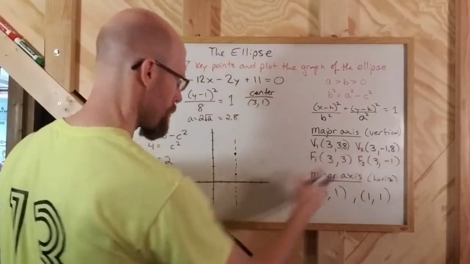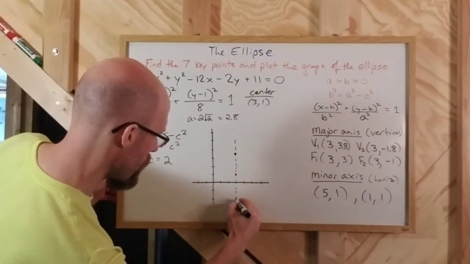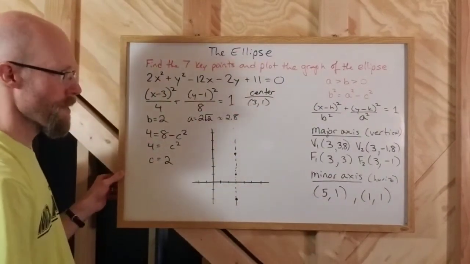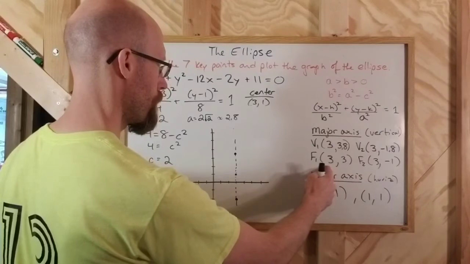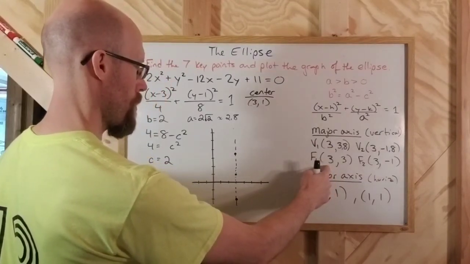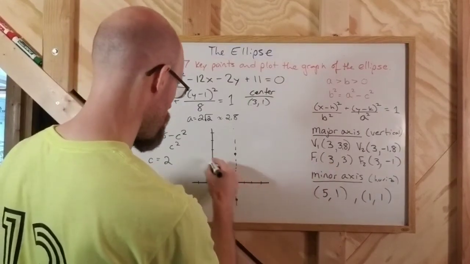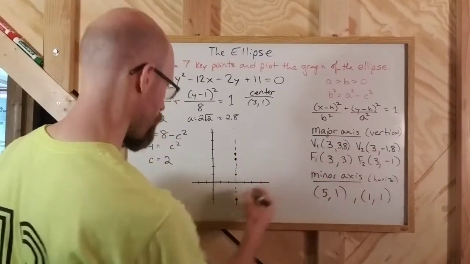And then 3 comma negative 1.8, so down 1.8, right about there. Then I have 3 comma 3, just double checking my arithmetic, and 3 negative 1.